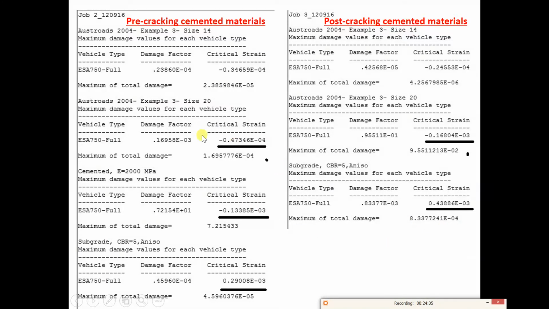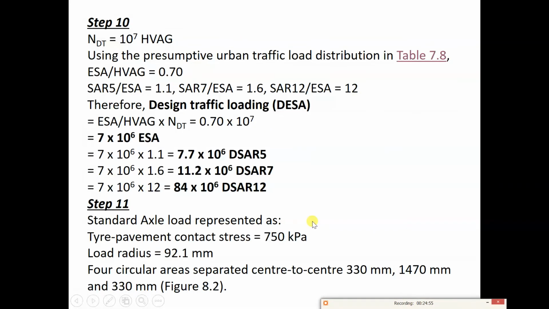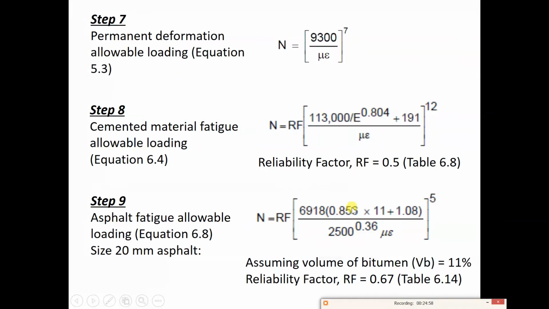Previously, during the pre-cracking, we considered three distresses: the asphalt, the cemented material and the subgrade. But after cracking, we only consider the asphalt and the subgrade. Based on these three formulas that we need to input, we need to get the microstrain and put it in. We'll do the pre-cracking first, and then later on we do the post-cracking.